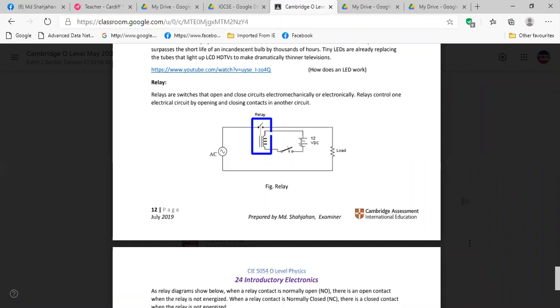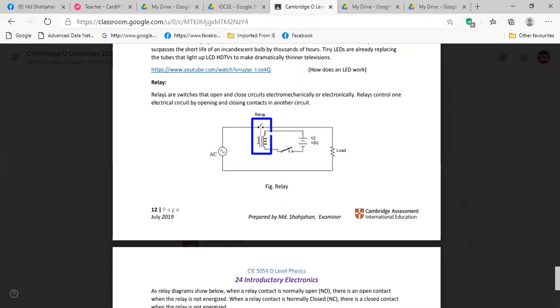12 volt DC. So this circuit is used to operate one bigger circuit with high voltage. That one you see is written AC. If we pass direct current here, then there will be an electromagnet here.